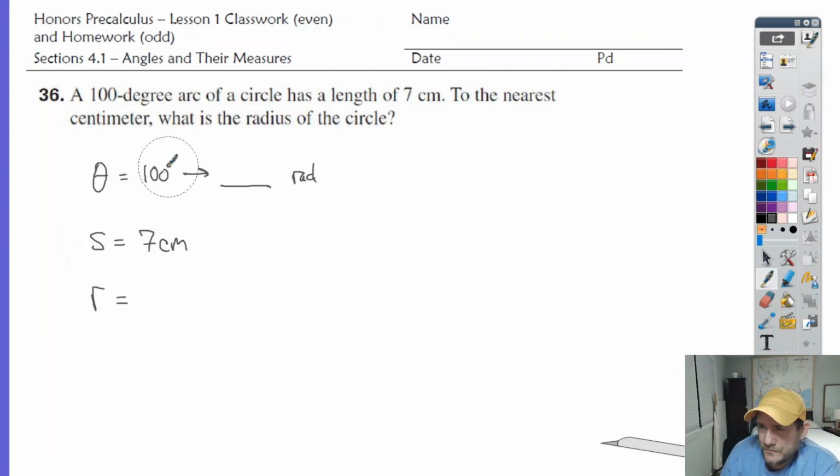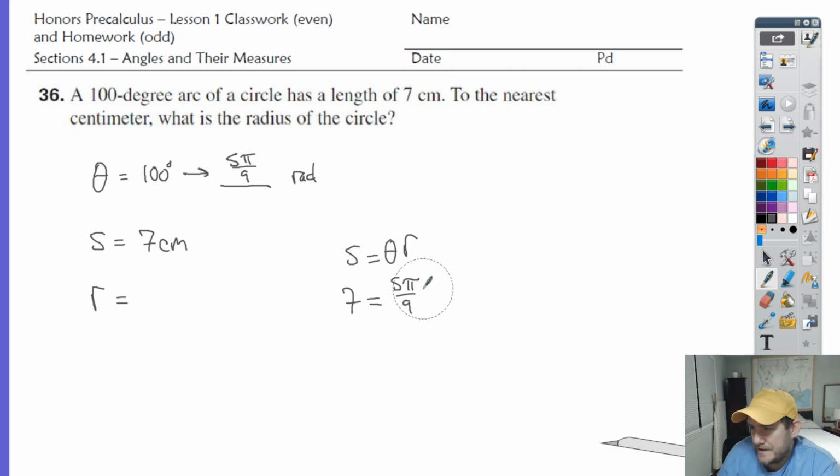100 degrees would be 100 pi over 180, which would be 10 pi over 18, which would be 5 pi over 9. And if s is equal to theta times r, then 7 is equal to 5 pi over 9 times r. And again, my preference for clearing this fraction is just to multiply it by its reciprocal.